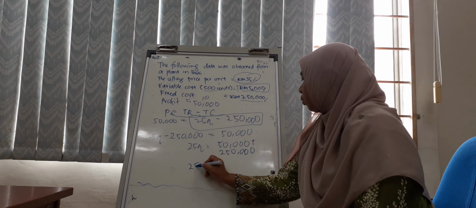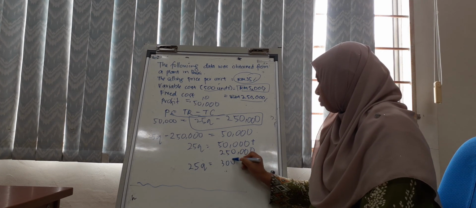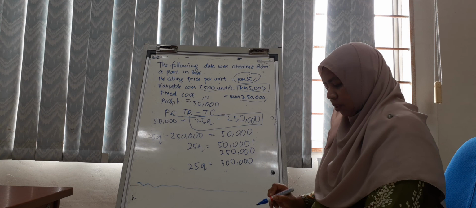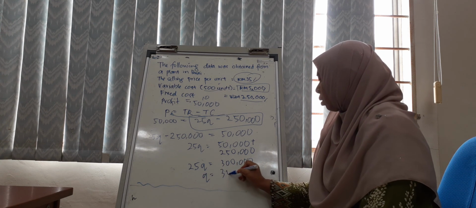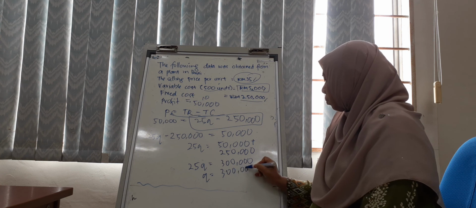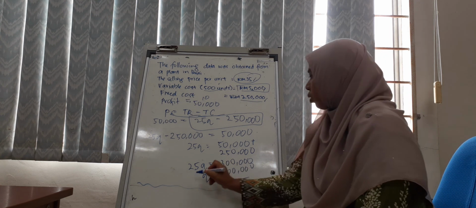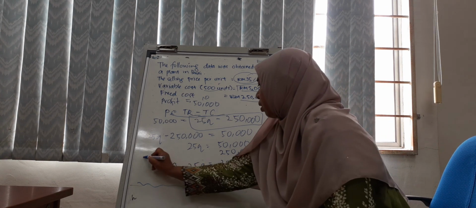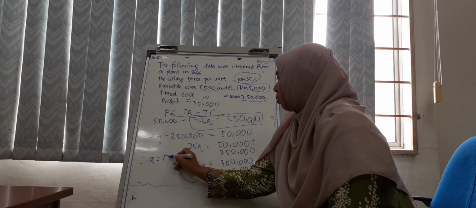So 25Q equals 300,000. Okay? Q equals 300,000 divided by 25. Therefore Q equals 12,000.